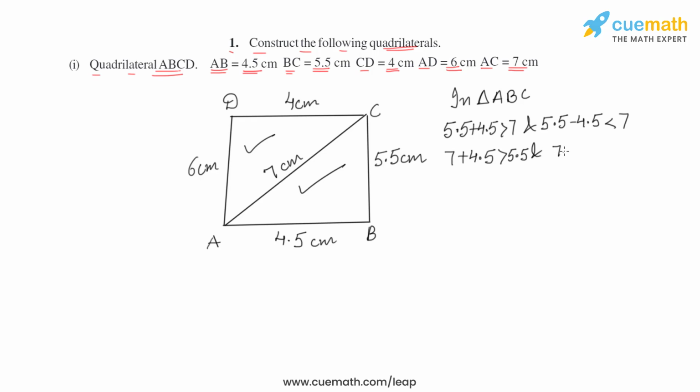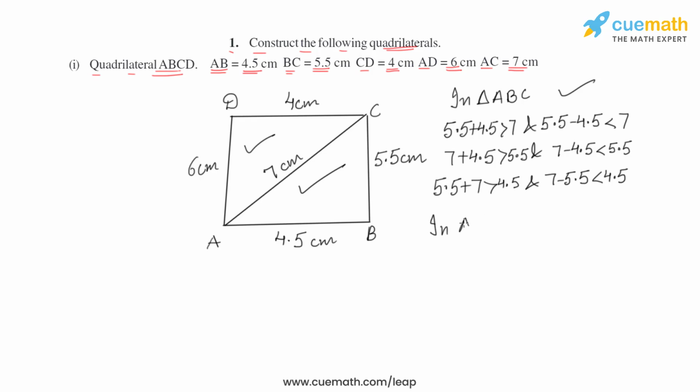And the difference, 7 minus 4.5, is less than 5.5. That is also correct. Then 5.5 plus 7 is greater than 4.5 and 7 minus 5.5 is less than 4.5. So it is correct that this triangle ABC is possible.